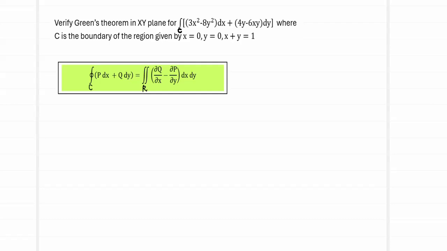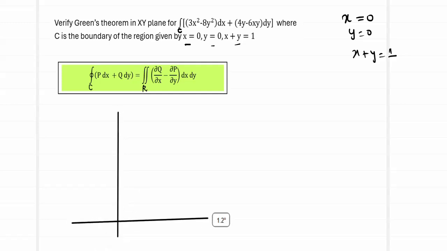Now let us move on to visualize the region which has been given to us. The region is marked by x equal to 0, y equal to 0 and x plus y equal to 1. So I have to plot the lines x equal to 0, y equal to 0 and x plus y equal to 1. Suppose we have the axes drawn, the y-axis as well as the x-axis.